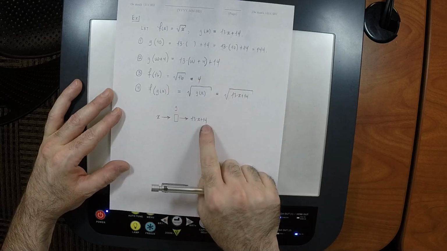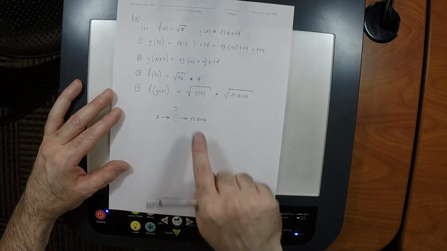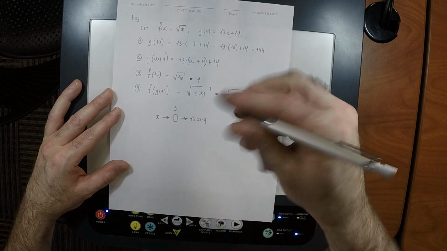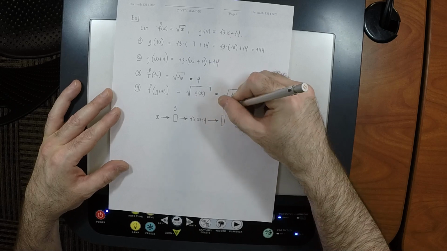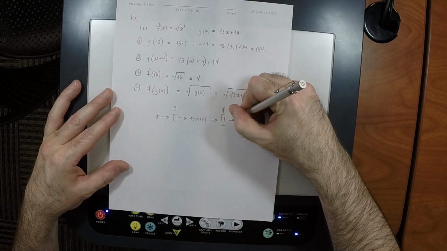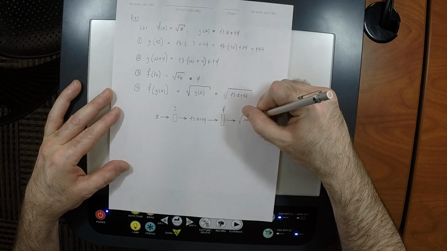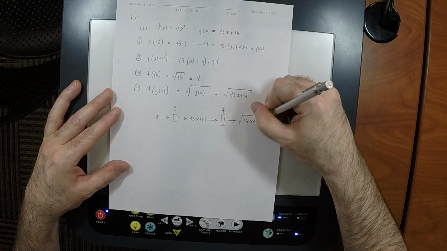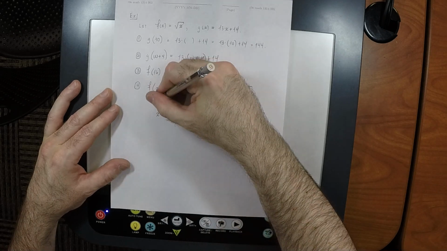That's the output of the g machine. And now we're going to use the output of the g machine as the input to the f machine. So we're going to do f to that. And now we have this. So that's what this is.